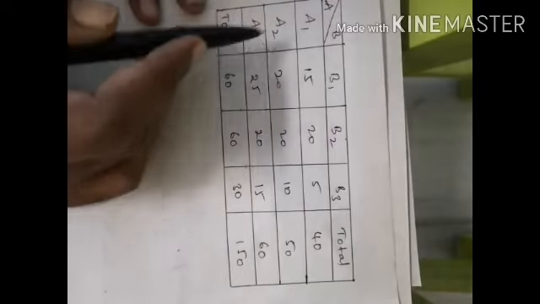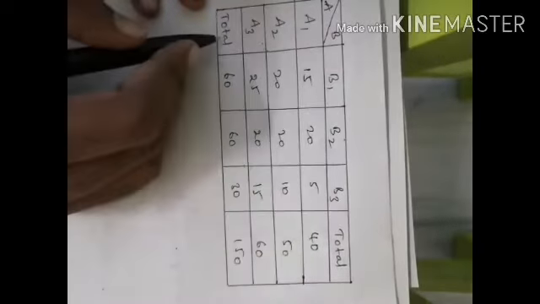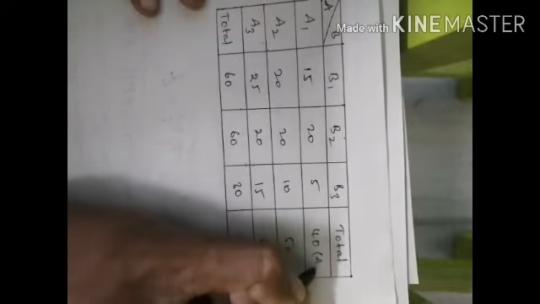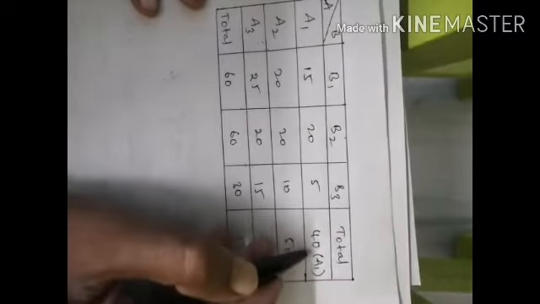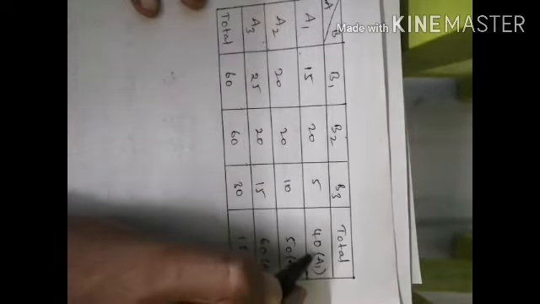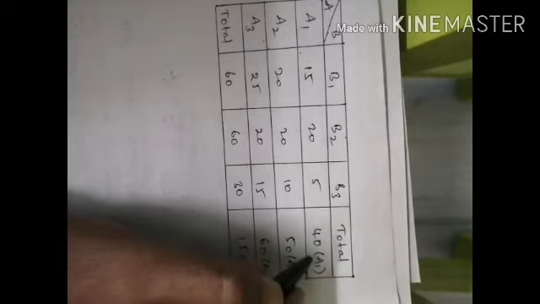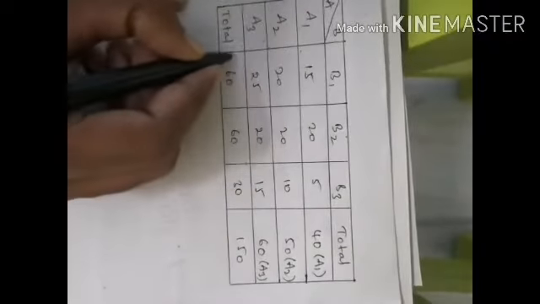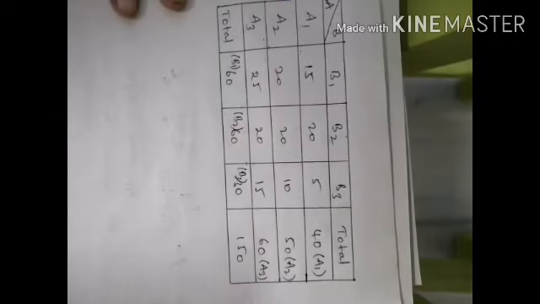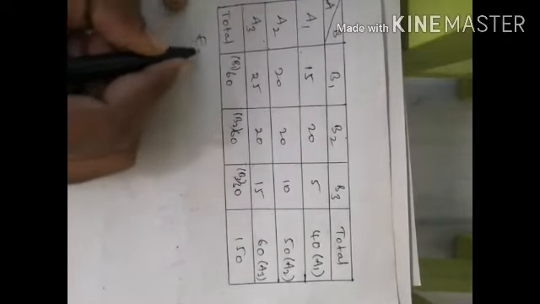This is the table representing the attributes, with the totals given directly in the question: the total of A1, A2, A3, and the total of B1, B2, B3, right?